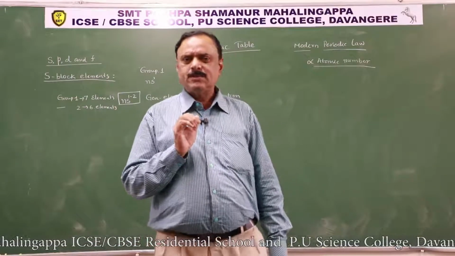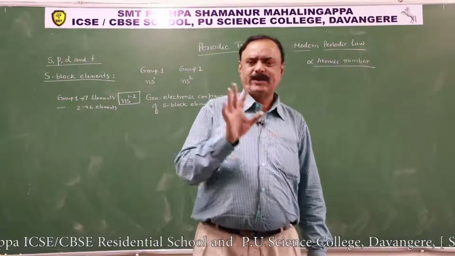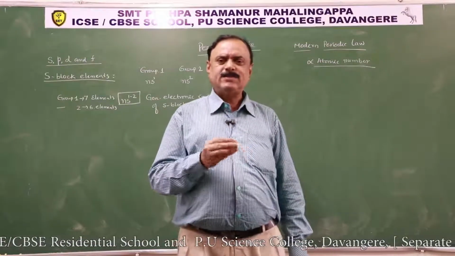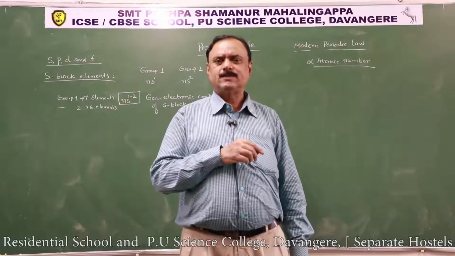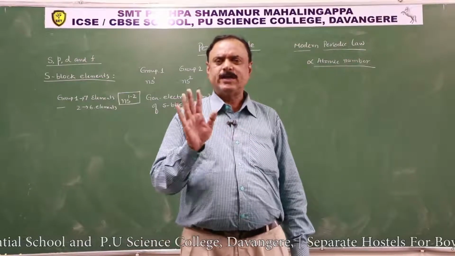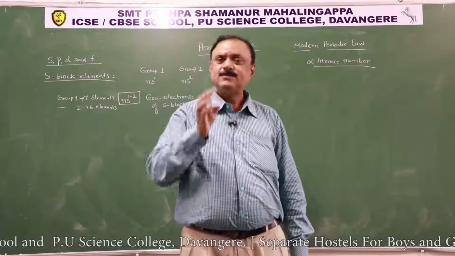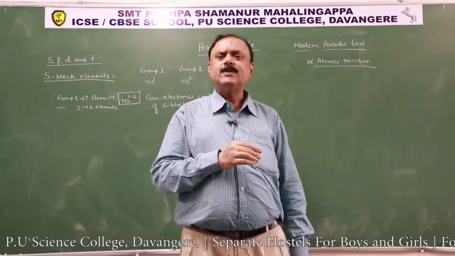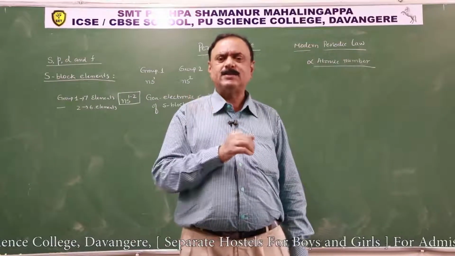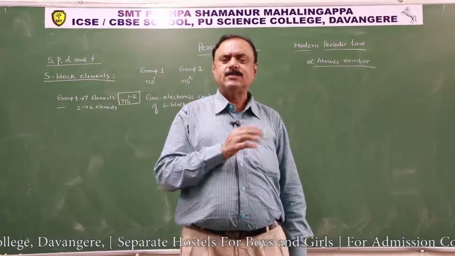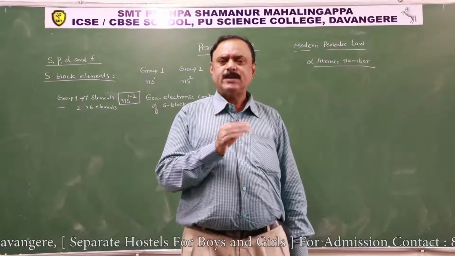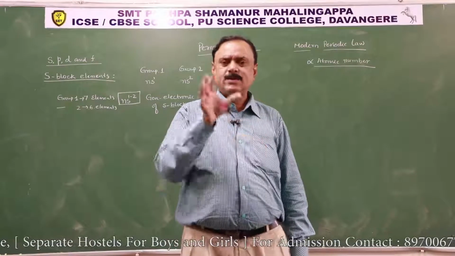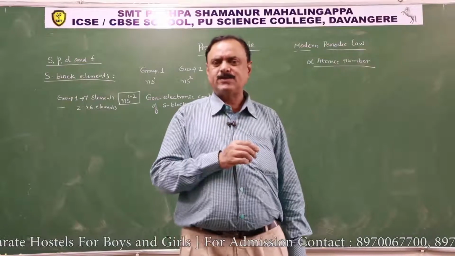Now, these are called alkali metals. Why? Because when they dissolve in water, they give hydroxide compounds like lithium hydroxide, sodium hydroxide, potassium hydroxide, rubidium hydroxide, and cesium hydroxide. The hydroxides of these compounds are formed.